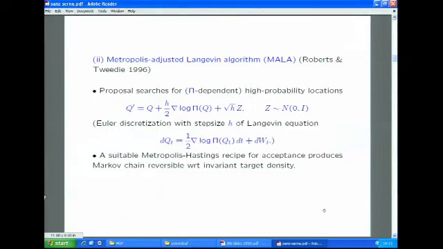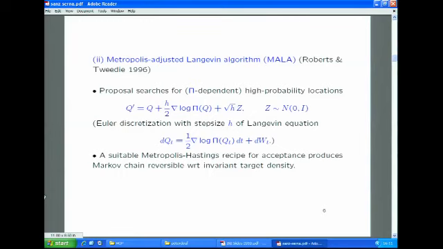This is nothing but the Euler-Maruyama discretization of this. So we take a step. This would be our proposal. But to make sure that we are sampling from the target probability distribution, it is not enough to make the proposal. You have to introduce an accept-reject mechanism that ensures that the target density is an exact invariant density for our Markov chain.